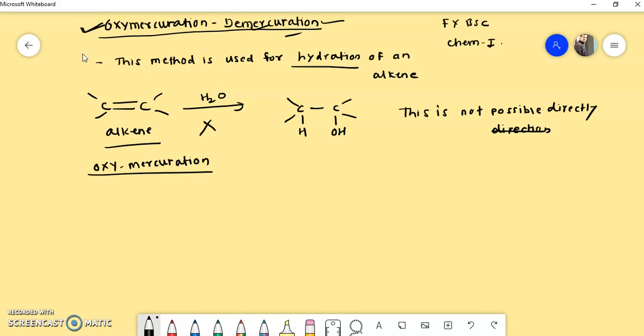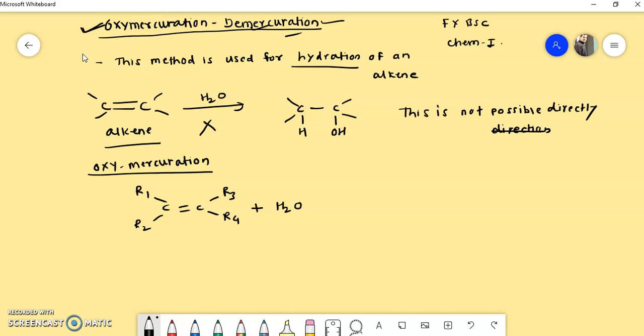Okay, so consider a double bond. Suppose this is R1, R2, R3 and R4. That means we have some substituted alkene. So we have to add water into this alkene.